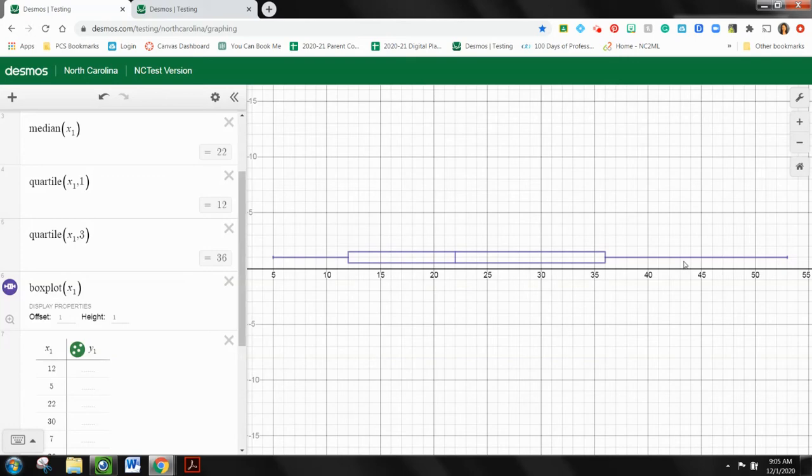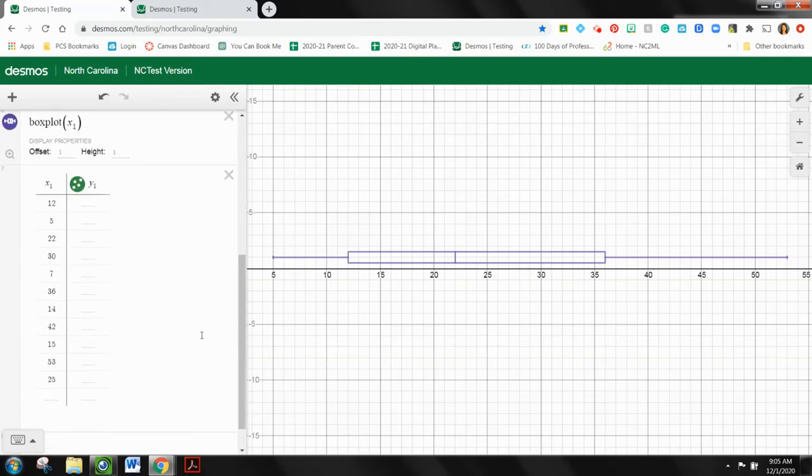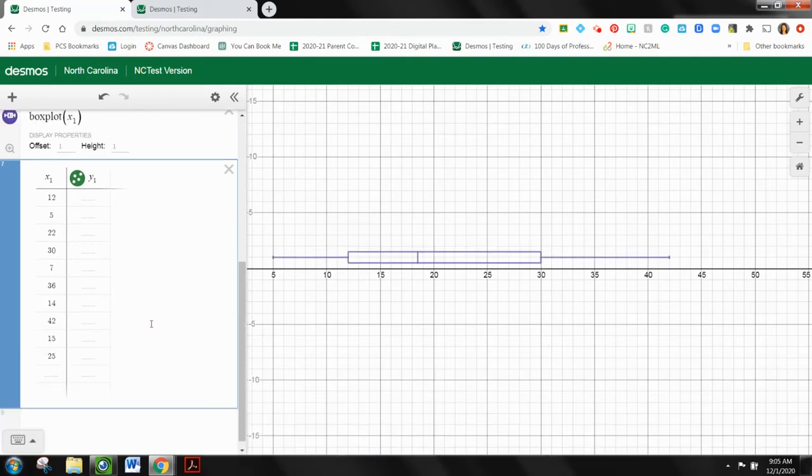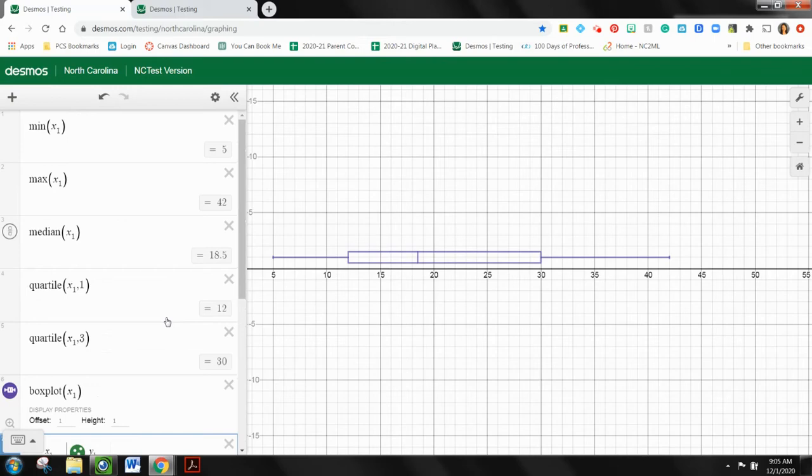All right, so let's see what happens when I take out this really large number of 53. So I'm going to come in here into my table. I'm going to take out 53. So let's go look at it. The minimum didn't change, the maximum changed, the median changed, quartile 1 didn't change, but quartile 3 did change.